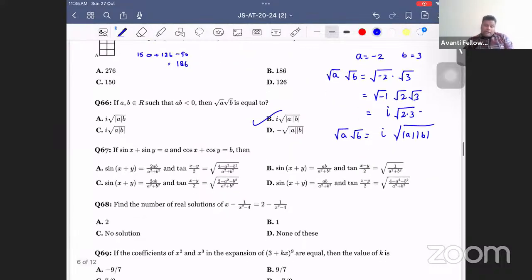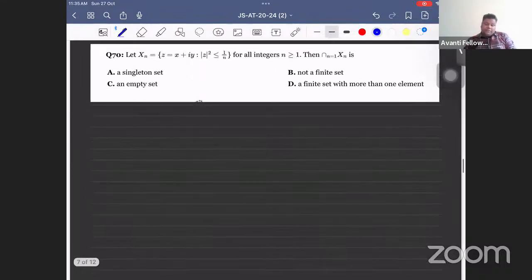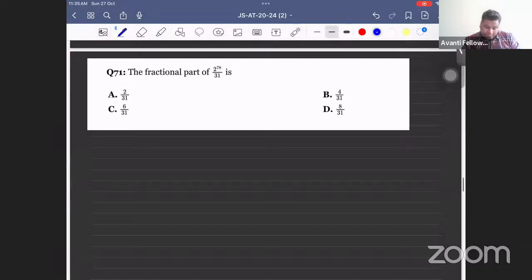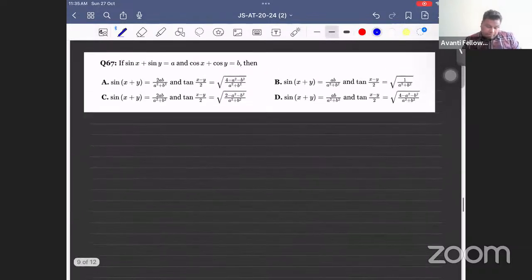Got it? Now let's see the 67th question of trigonometry. The question is: sin x plus sin y is equal to A and cos x plus cos y is equal to B, then find sin of x plus y and so on. All these things they are asking. First of all, there are two separate ways to find these things.